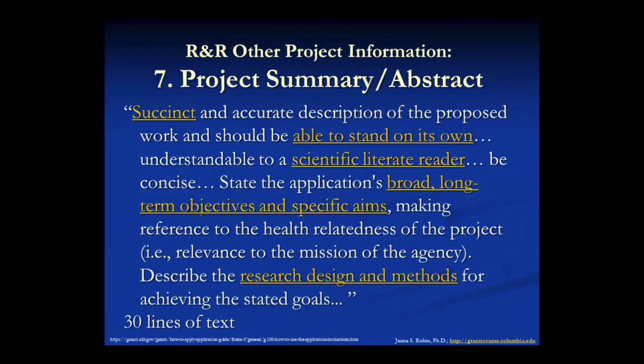Unfortunately, sometimes people save this to the very end and they're sort of sick of writing the grant application or at the day of the deadline, and they sort of cut and paste sentences from different places in the application. Don't do that. Spend a fair amount of time reading this because it can have an impact on first impressions on the reviewer. So spend some time on this.